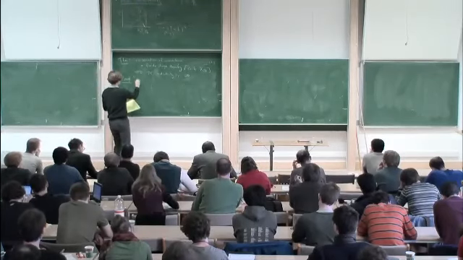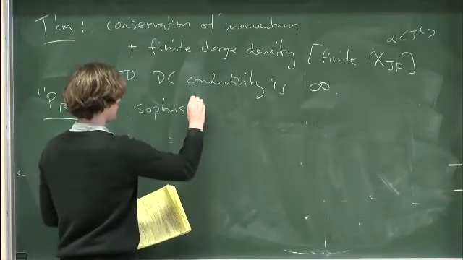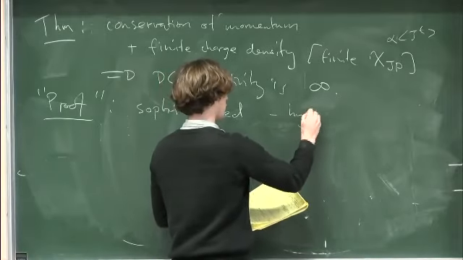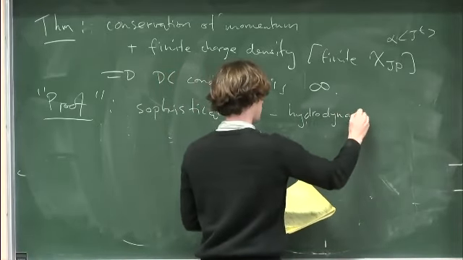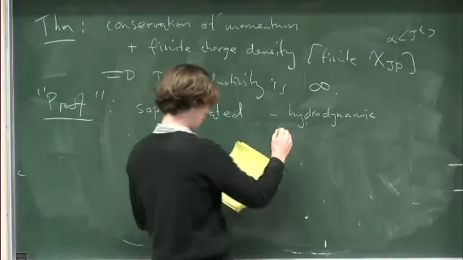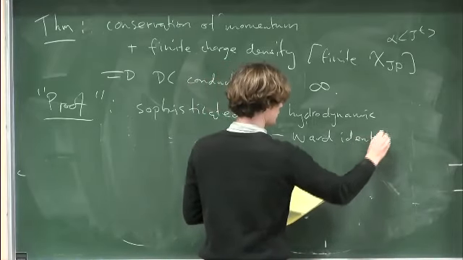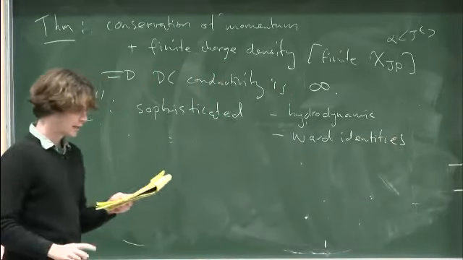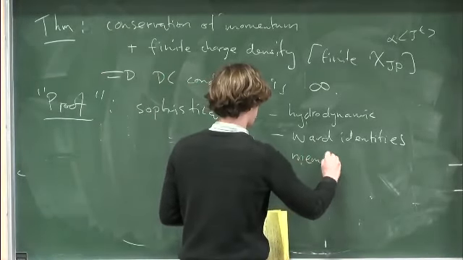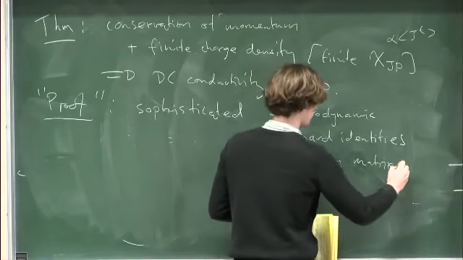Firstly, there are more sophisticated treatments. According to your taste, you can either use a hydrodynamic argument, certainly at least in the relativistic case, but I think probably in general, you can use Ward identities, again certainly in the relativistic case, or you can use the memory matrix method.